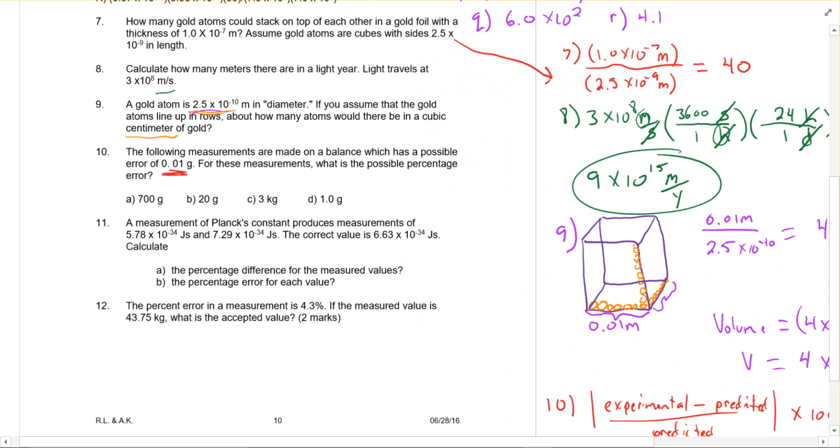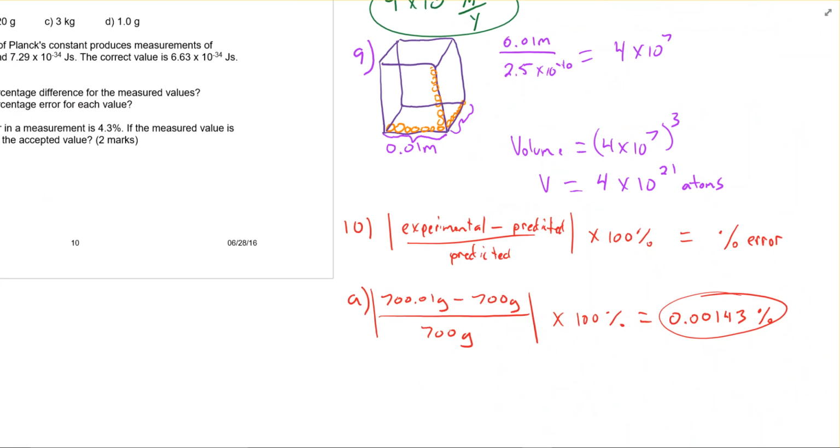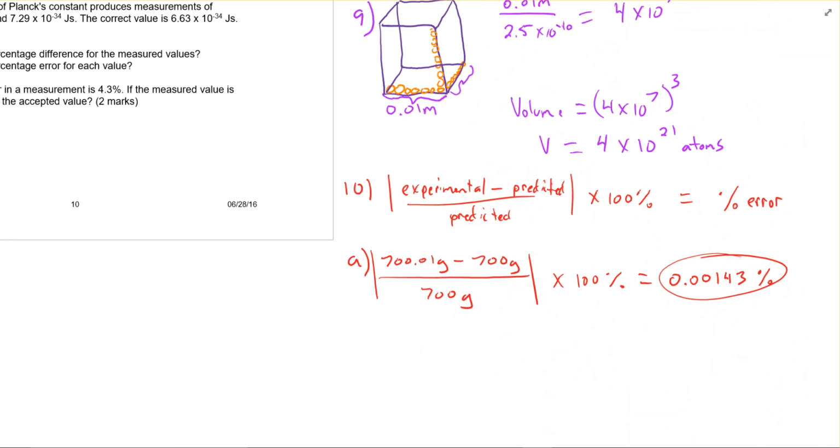It could be 700.01, or it could be 699.99, plus or minus that. That's what you get for that one, so that's my percentage error.